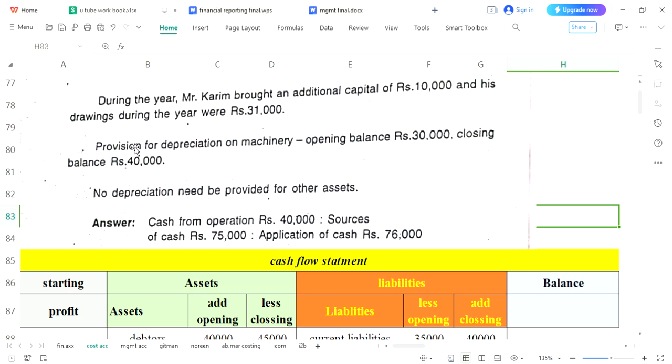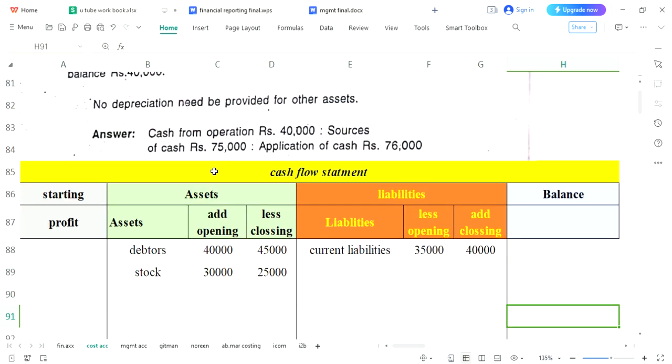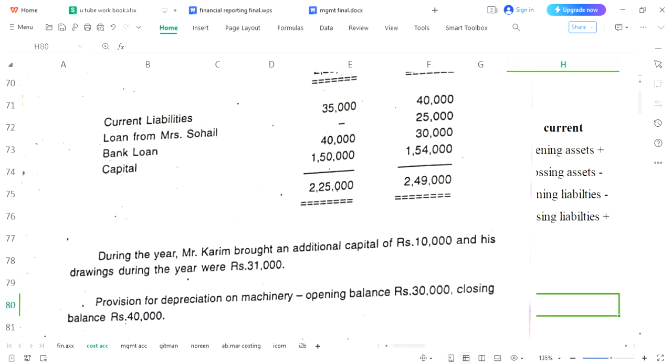Okay, we are making it, but please understand we have another adjustment, provision for depreciation. I have told you that this provision, you may consider it as a liability, or it can be subtracted from assets. Both are good. So two things I am going to discuss with you: you may write a minus sign over here, or instead you may write this provision on the liability side, opening 30, closing 40.